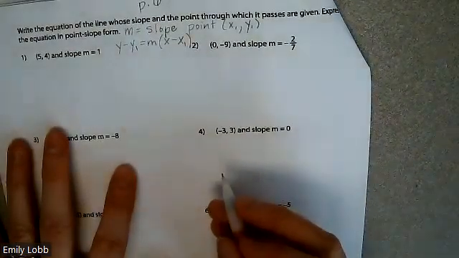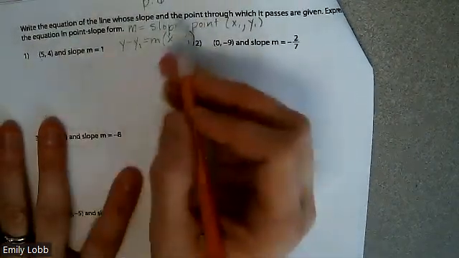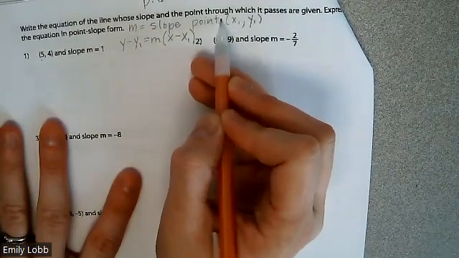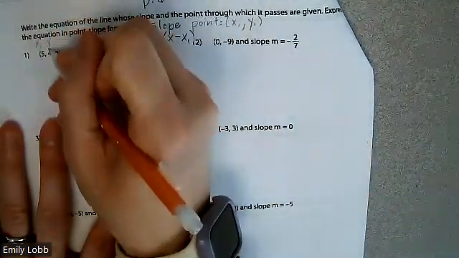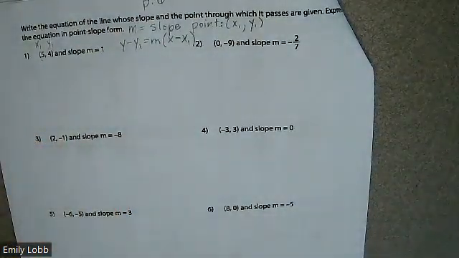So, remember, this is our point that they're giving us. So if this is our point, we can label the 5 as our x1 and the 4 as our y1. If you forget which is which, I always remember they're in alphabetical order, right?